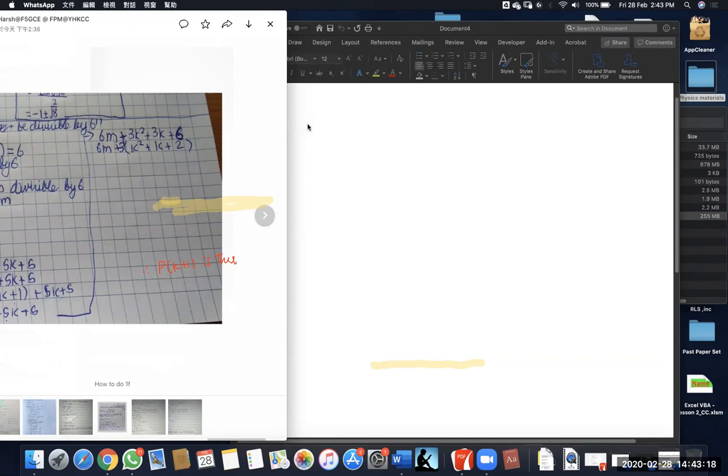So this one, you want to extract a factor of 2. So let's say if k is odd, k squared plus k plus 2 is even.